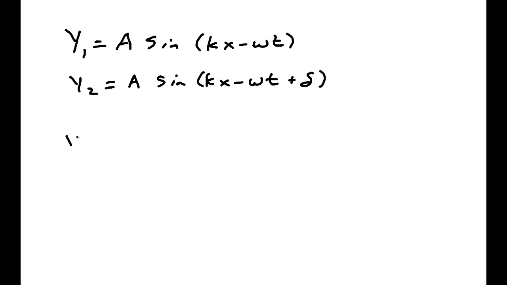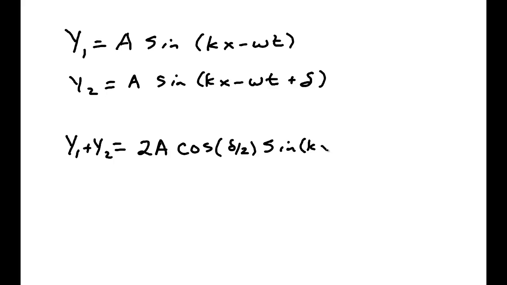These two, when you add them together, will produce a wave that corresponds to the following formula: 2A cos(δ/2) sin(kx − ωt + δ/2).